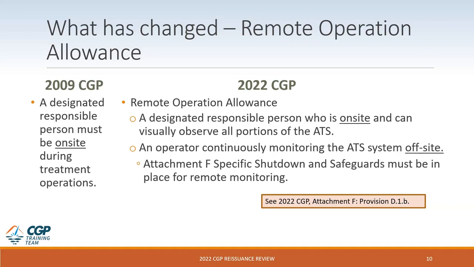You can have a designated person on site, so much like 2009, you can still have that person on site and observe the ATS portions. However, you can also have an operator monitoring the system from offsite with specific requirements for the system shutdowns and safeguards.